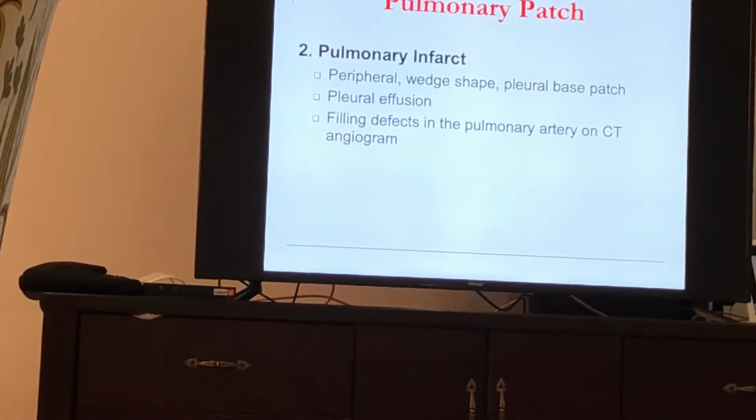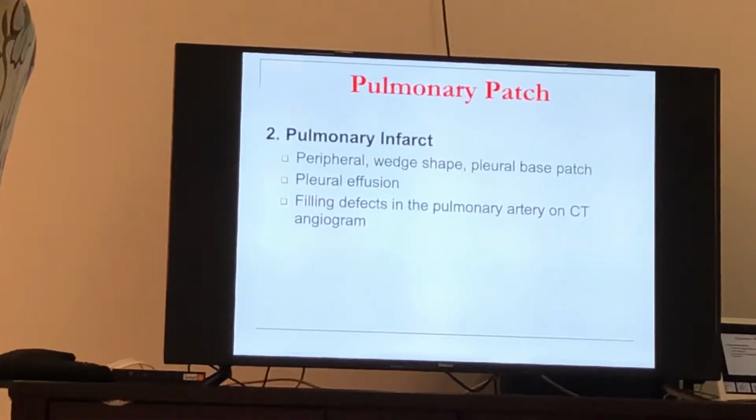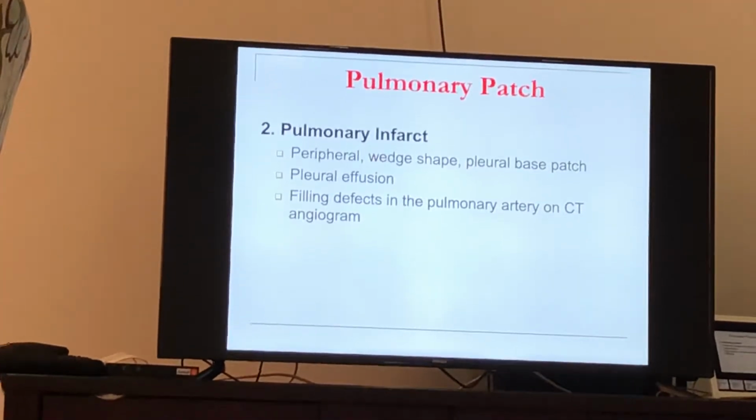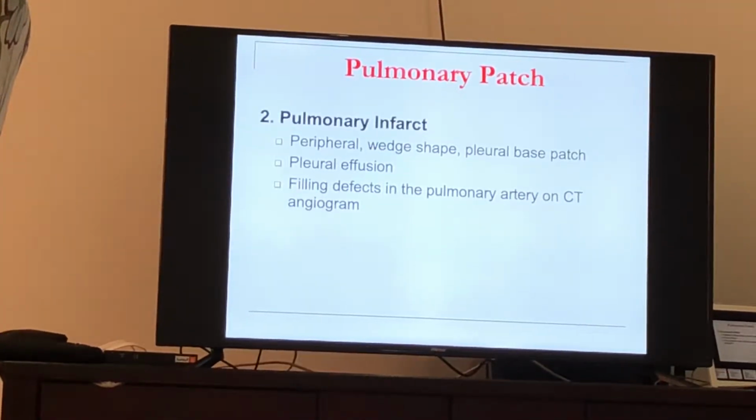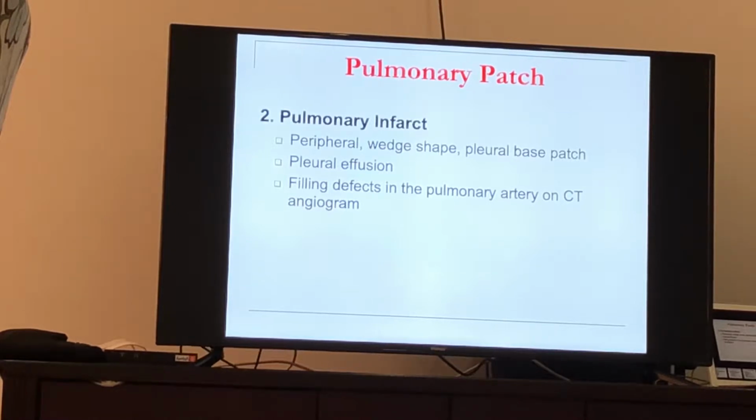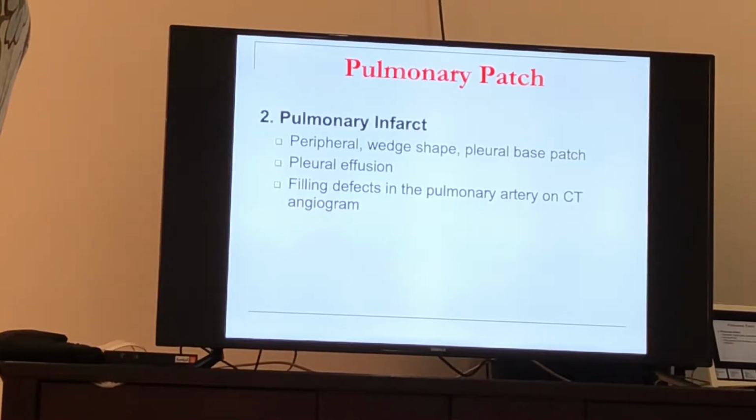How can the effusion be bilateral? Okay, excellent. So in PE, the effusion could be exudate or transudate. Two-thirds of cases are exudate, one-third are transudate. The idea with PE or a pulmonary infarct is that the infarct itself causes release of inflammatory cytokines, which causes an inflammatory reaction leading to consolidation, possible pleurisy, and associated pleural effusion on the same side.